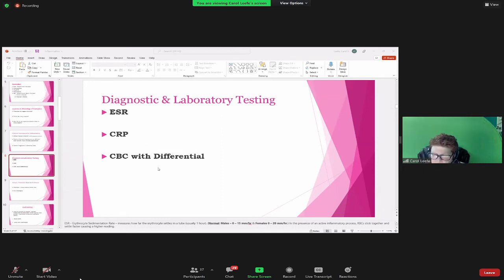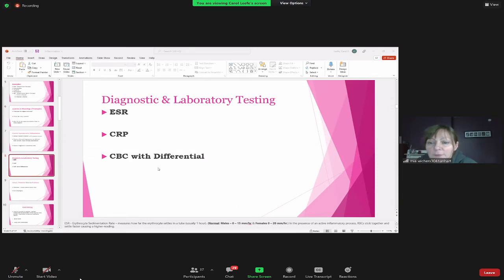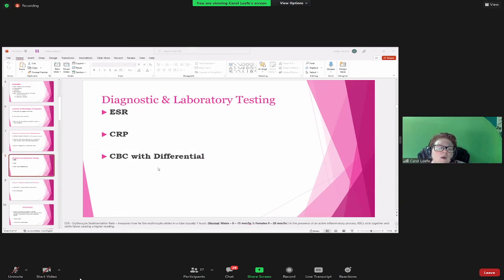So what do these 2 laboratory tests tell you? Something is causing inflammation. It's non-specific as to where the inflammation is, but it definitely tells you how severe the inflammation is within the body. Kind of like how hot the fire is, just not where it is.